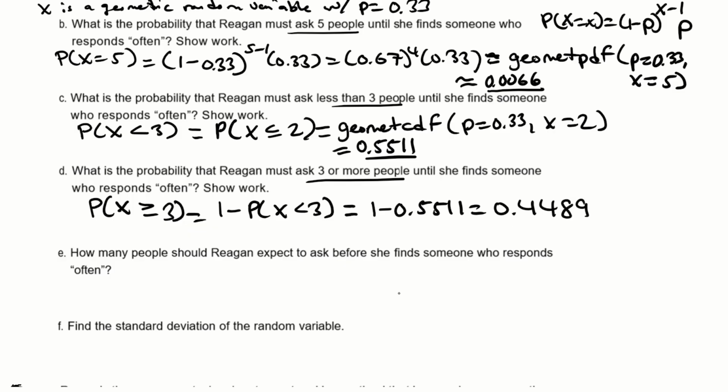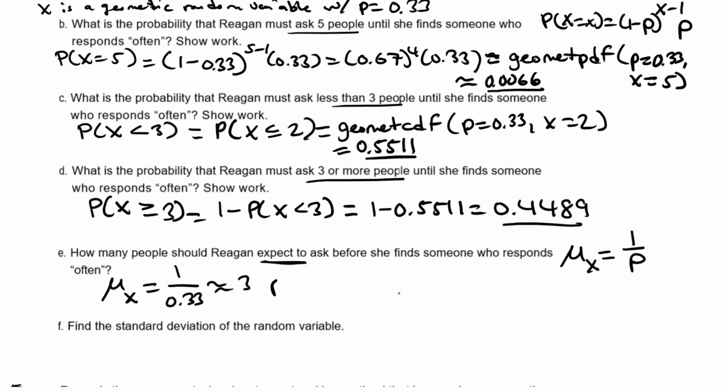All right, now how many people should Reagan expect to ask before she finds someone? Expected value. So the formula for the expected value for a geometric distribution is 1 over p, okay? So that's all we have to do. So mu of X is equal to 1 over p, which is 1 over 0.33. Okay, so this is approximately 3 people. When you calculate it, you get about 3.03, which is about 3 people.